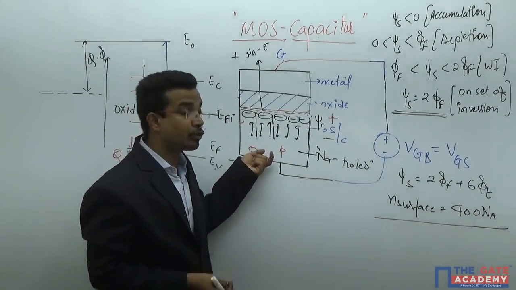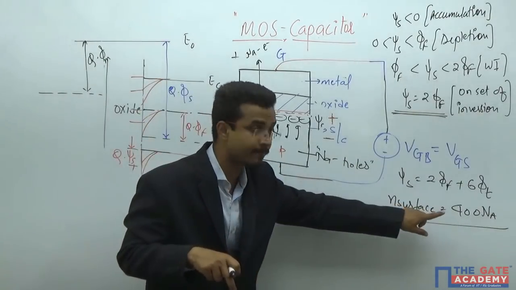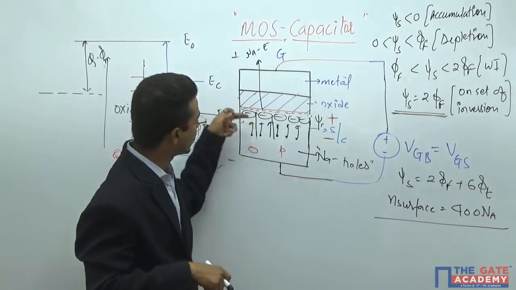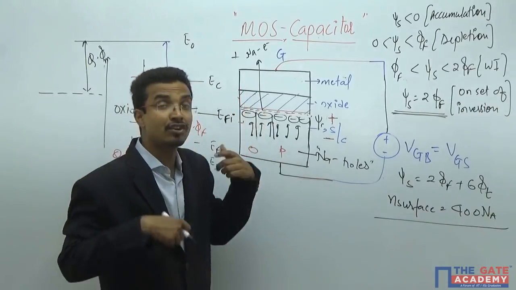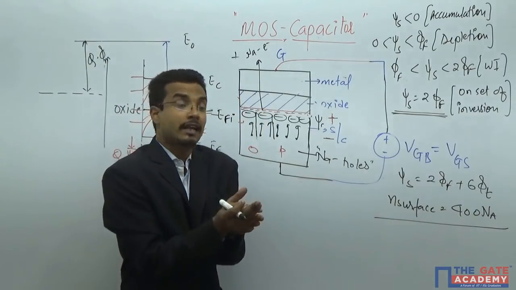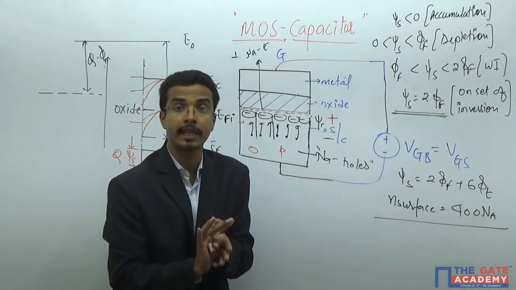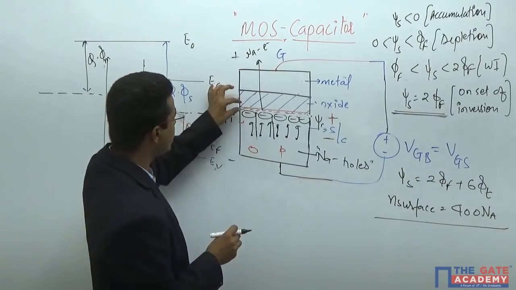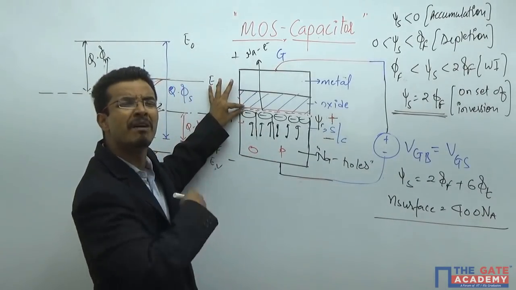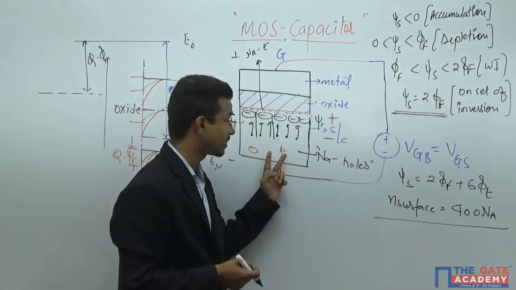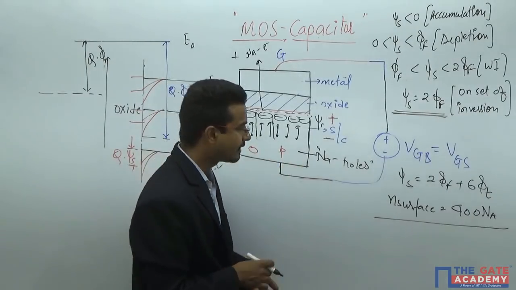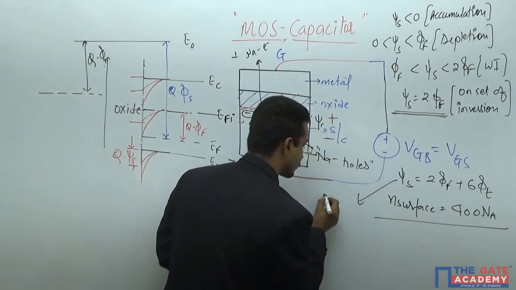The bulk has hole concentration Na, but at this side the electron concentration will be 400 times Na. That means here the electron concentration is much higher than the hole concentration in the bulk. That is the meaning of strong inversion.